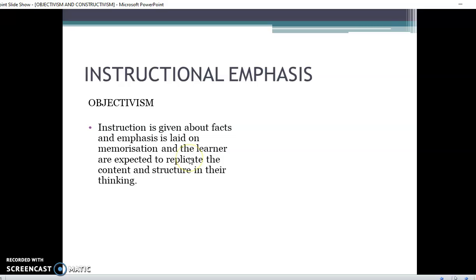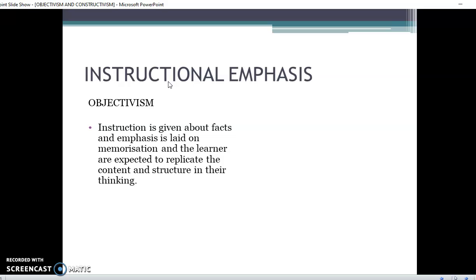When we talk about instructional emphasis, the instructions are mostly about the facts. If you're talking about any given concept in the subject of science, for that matter, food web, an objectivist classroom would talk about food web in a way which would only let the students know the meaning of food web and whatever content is covered in the textbook.